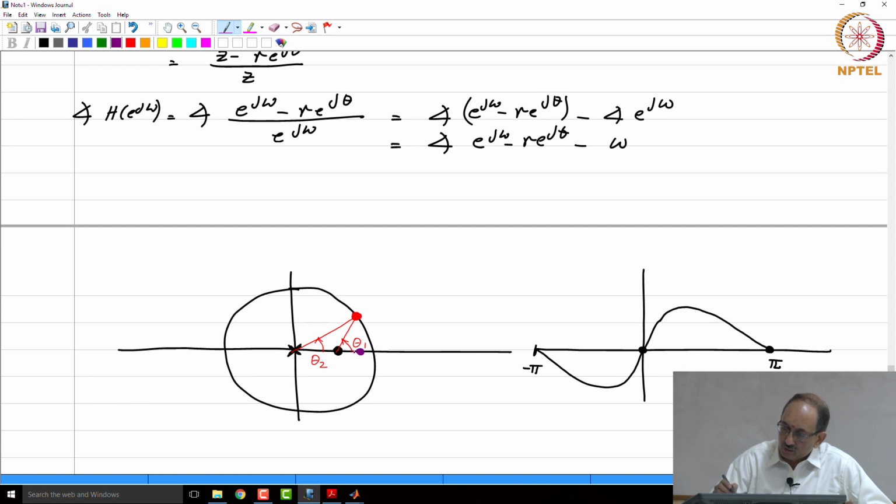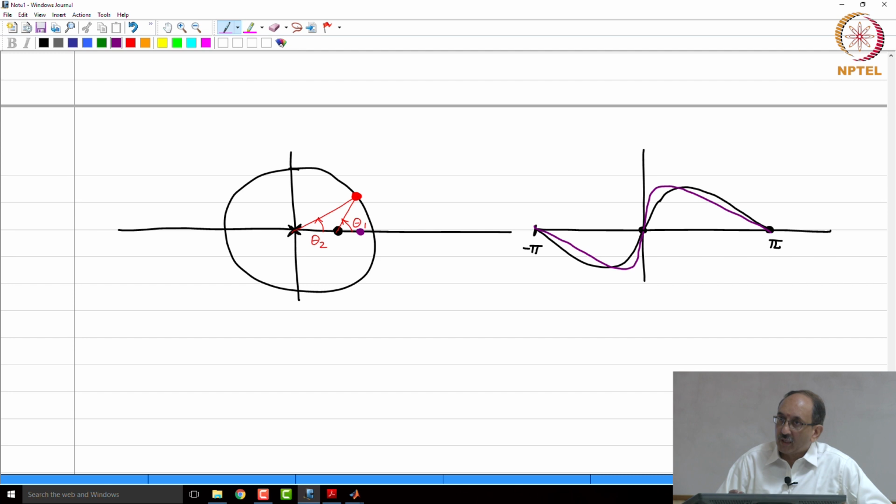So, nothing changes, but what does change is the rate at which the angle increases. With the 0 closer to the unit circle, the rate will be larger, and hence in the second case theta 1 will rise more rapidly, and you can expect the phase response to be something like this. All right. So, this is the general feel that we have geometrically speaking.